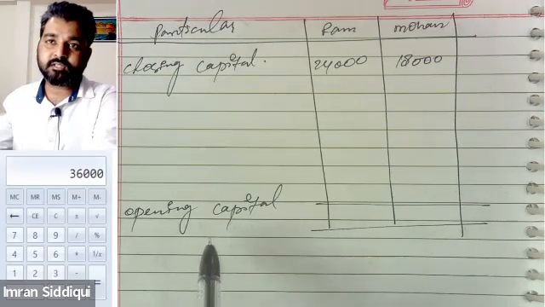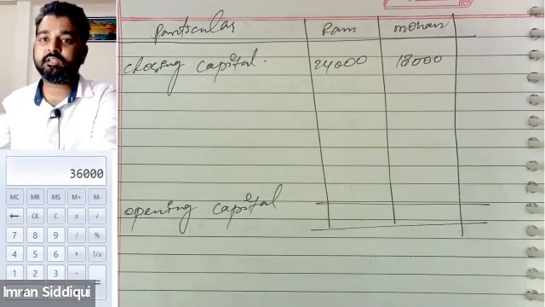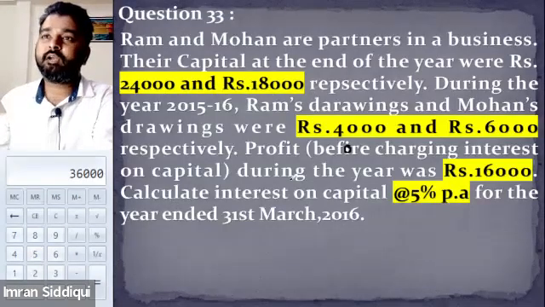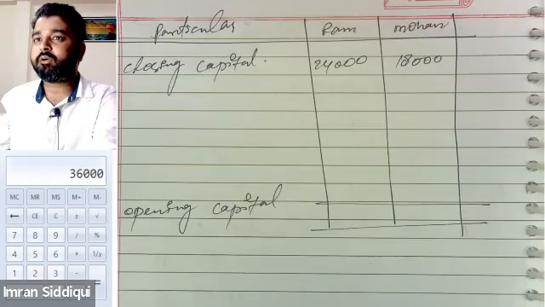See, if you have read the question carefully, the question is saying that Ram has made a drawing during the year, and Mohan has also withdrawn a certain amount of fund. So this fund must have been withdrawn out of their capital during the year.